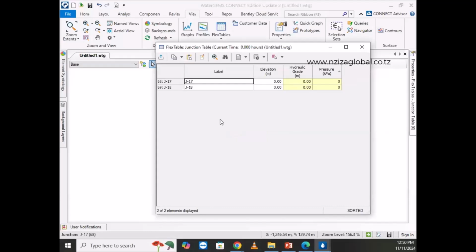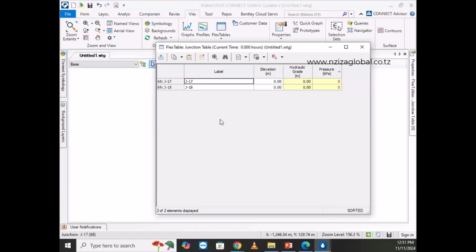Label. Elevation, demand, thank you. Yes, pressure. When it's calculated, you will find the pressure at that node, the elevation of that node, the XYZ of that node.